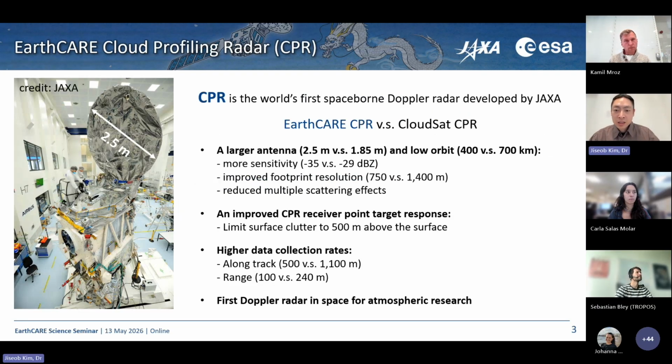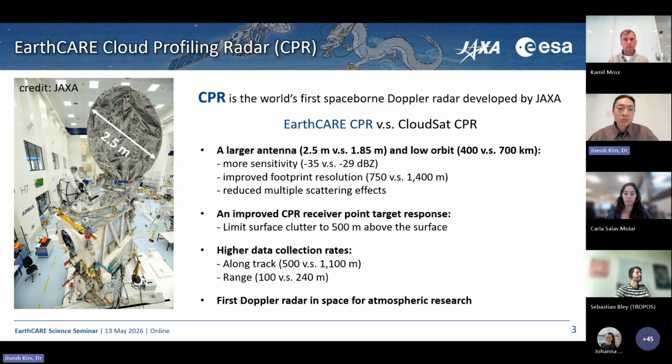Okay, let's start. EarthCARE is a joint satellite mission between ESA and JAXA, and one of the key instruments is the CPR, the cloud radar, which was developed by JAXA. JAXA has become the only agency that has three spaceborne cloud and precipitation radars, starting from TRMM PR, then GPM DPR, and now EarthCARE CPR.